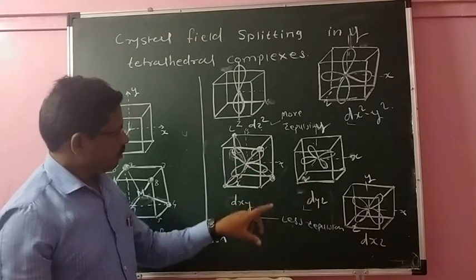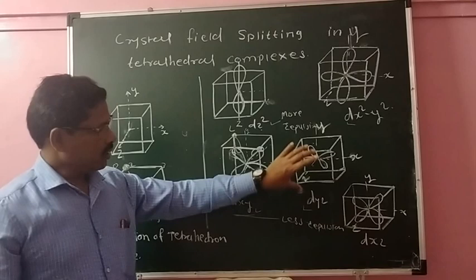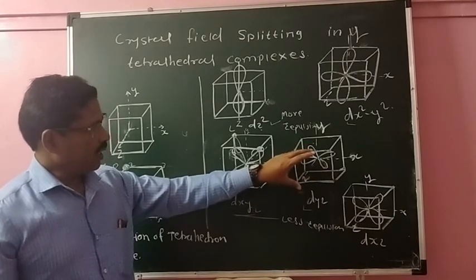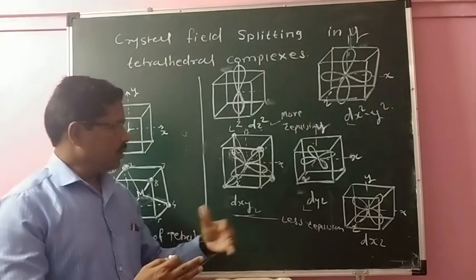The same is true for the dyz and dxz orbitals. The lobes of these metal orbitals and the ligand orbitals are just near to each other.